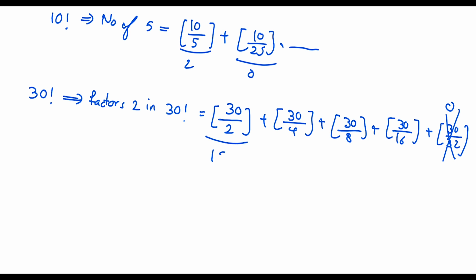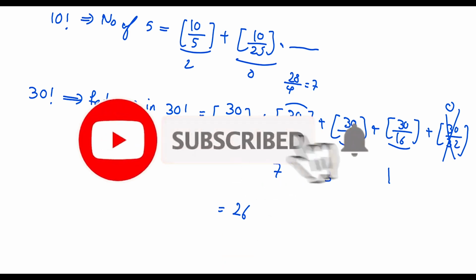It is 15. 30 over 4 is 7 point something, we need only 7. 30 over 8 will be 3 point something, we need 3, and 30 over 16 is 1. So we have 26 factors of 2 in 30 factorial. I hope you enjoyed solving this problem.